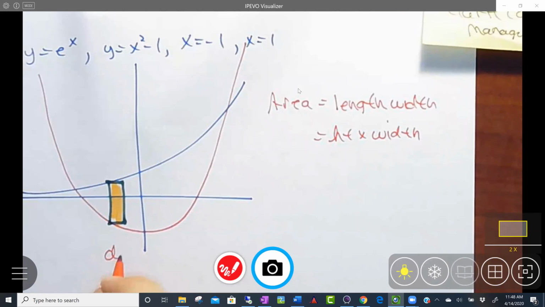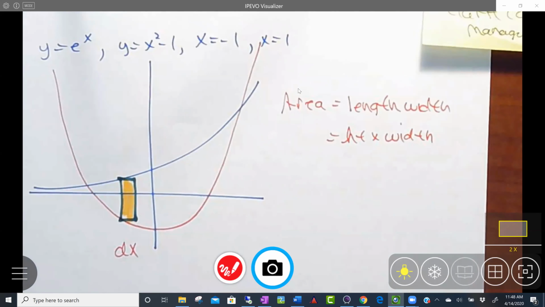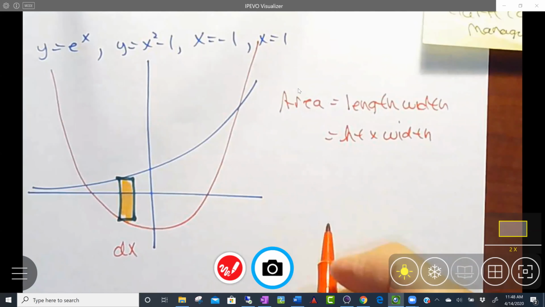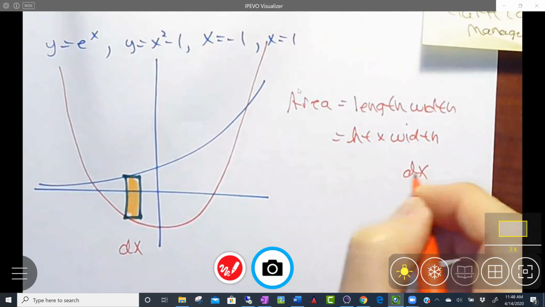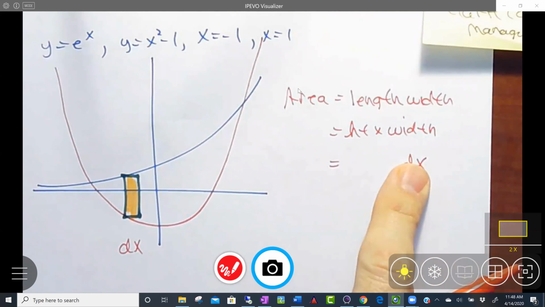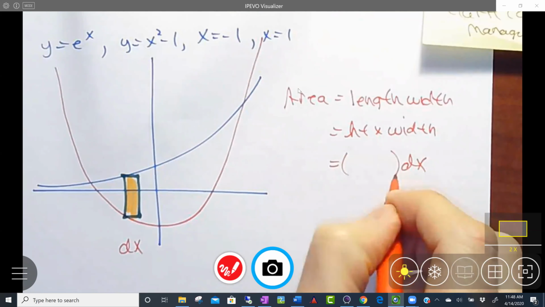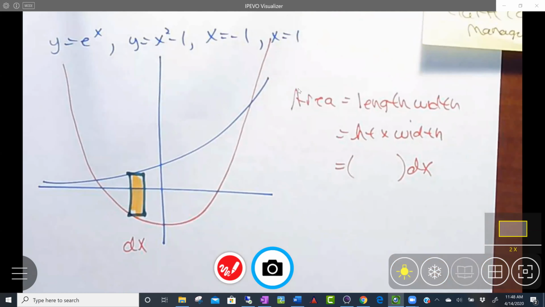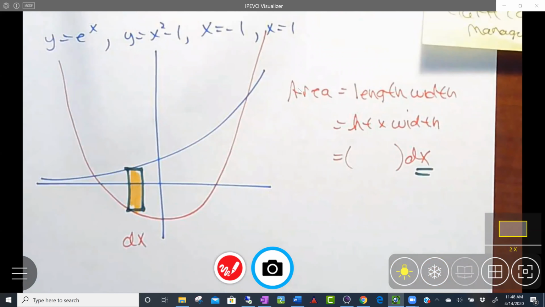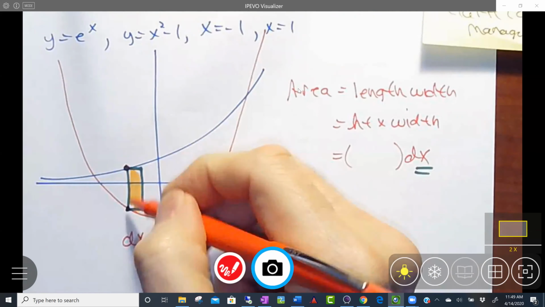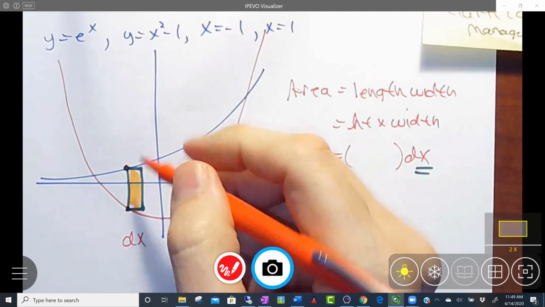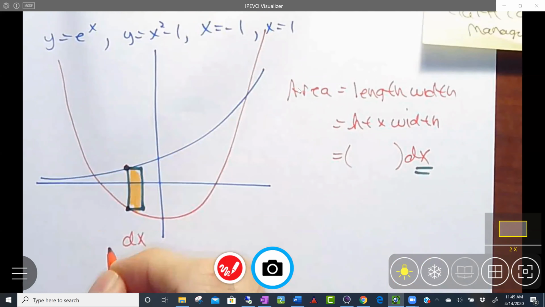Now the width is just that dx term, or differential. Right now you can just think of it as the width of this rectangle. That's our dx. And that's telling me whatever expression I have here, I have to put it in terms of x. Now the height is going to be this distance here, right? So that's going to be our top function minus the bottom function.